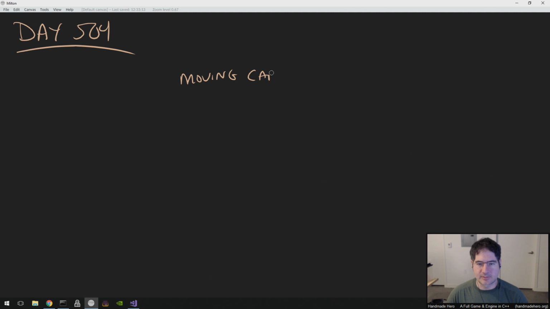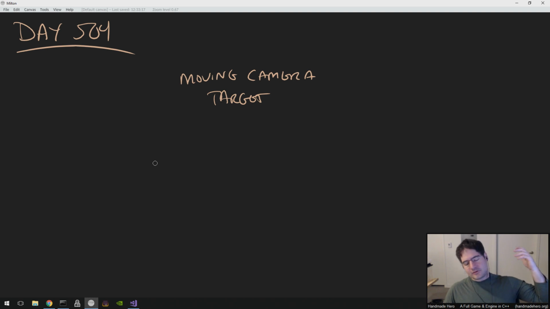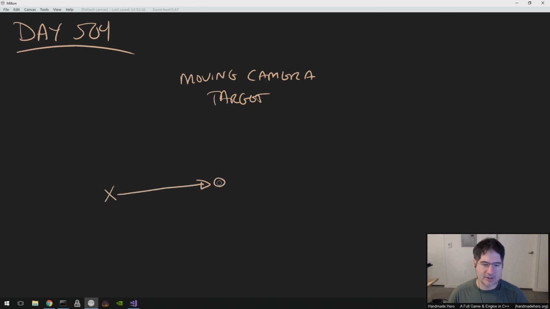Moving camera target. So if you look at, for lack of a better term, the behavior of the camera that we wanted, what we were saying is that we want the camera to move from here to here, and in that process, we wanted it to follow a speed curve, if you will, right?